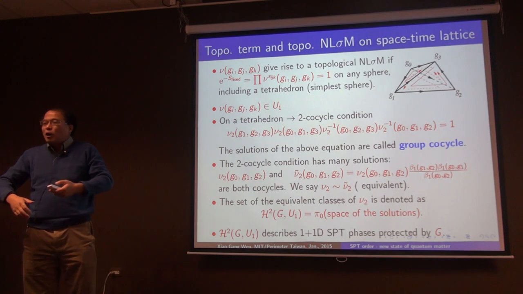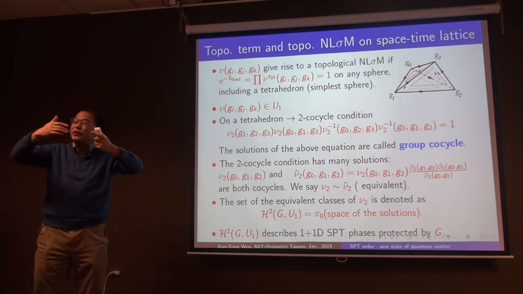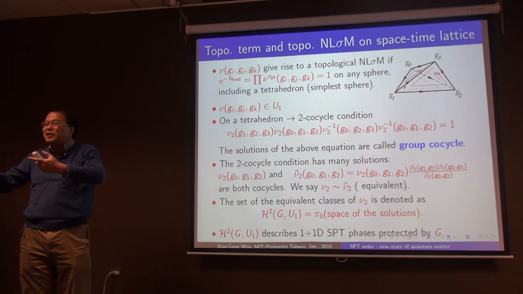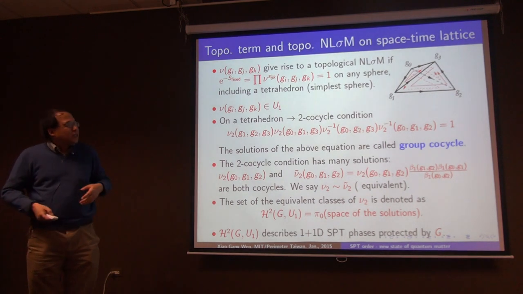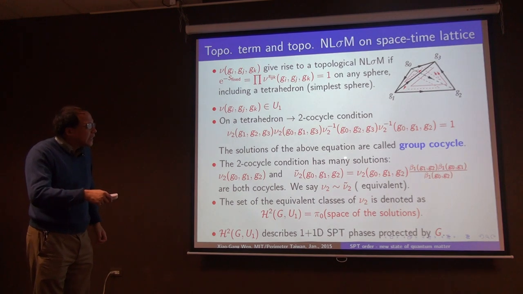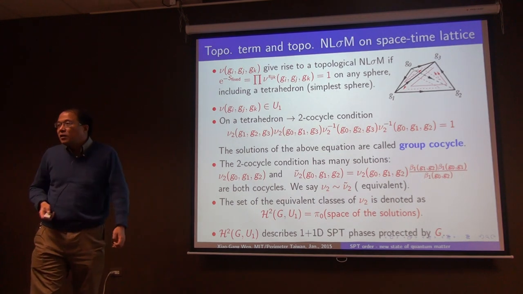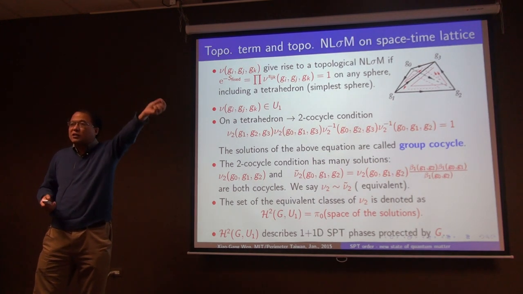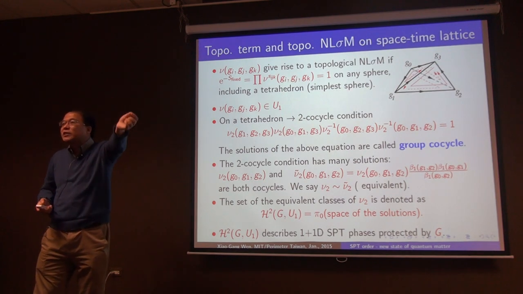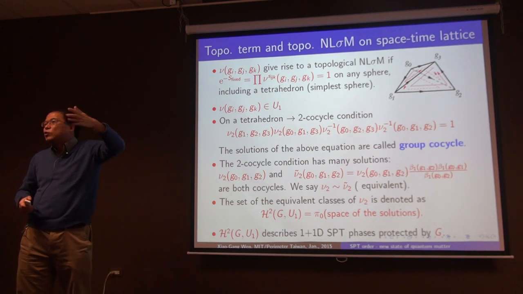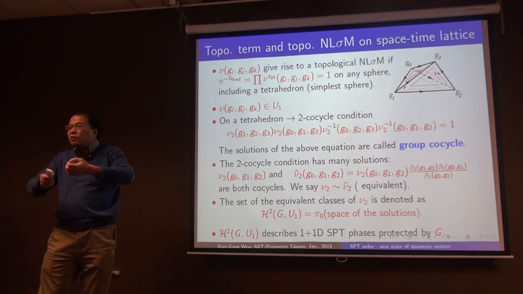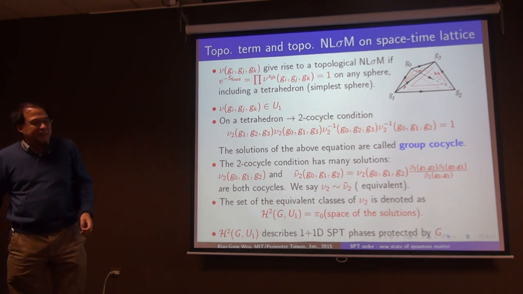Only topological terms which cannot be continuously connected to each other may correspond to different phases. So here we ask, in the solution space, what is the connectivity of the solution space? If two solutions can be continuously connected within the solution space, we say they belong to the same phase. If they are not connected, they belong to different phases.